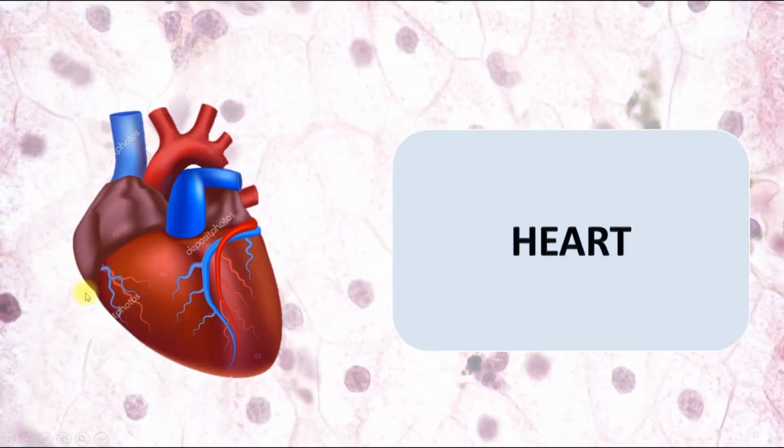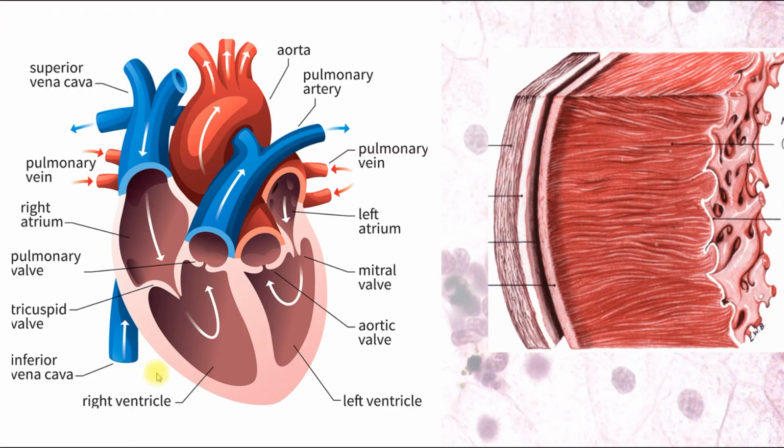So we have discussed blood vessels, and now let's go to the structure of the heart. The heart has 4 chambers, 2 ventricles and 2 atria, and the wall of the heart has 3 main layers. It's endocardium, myocardium, and epicardium.